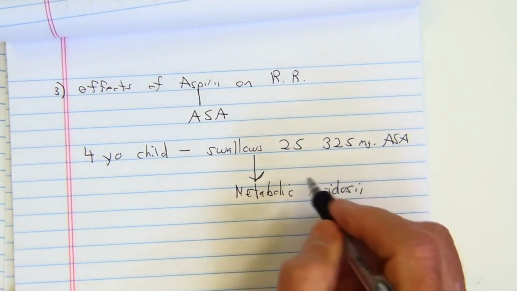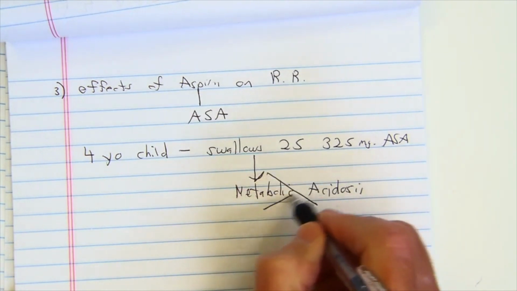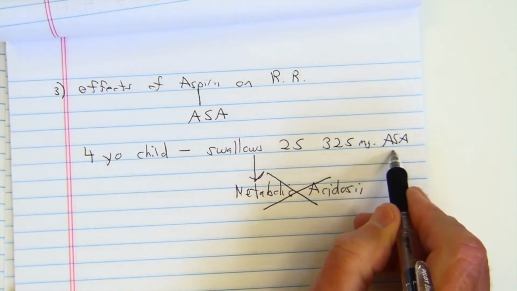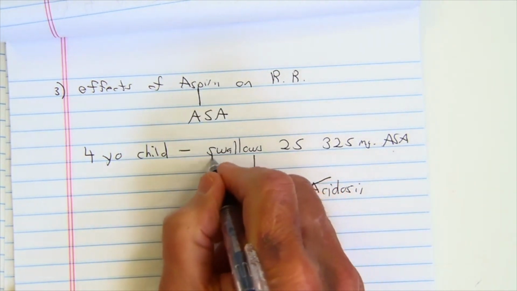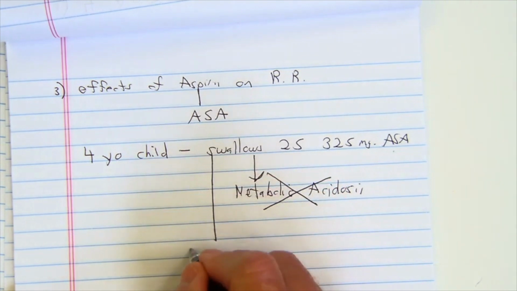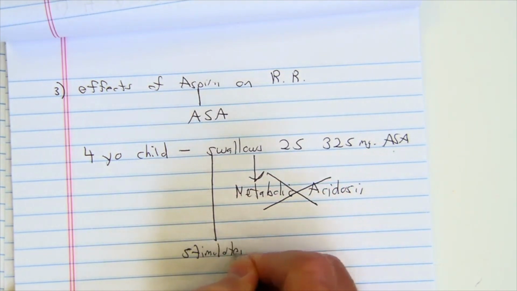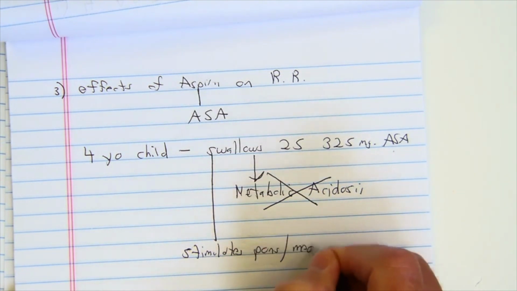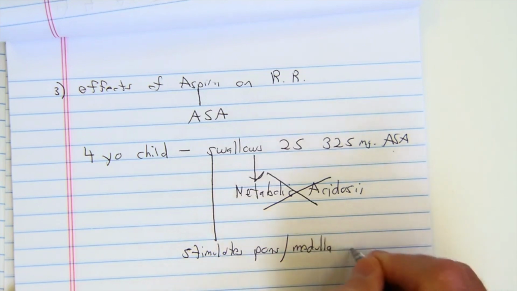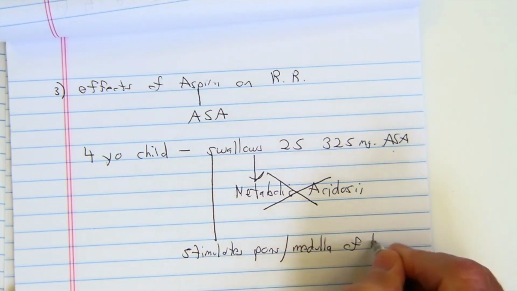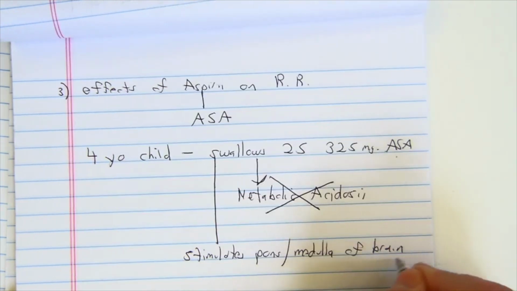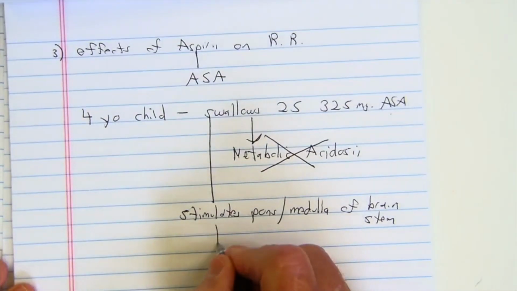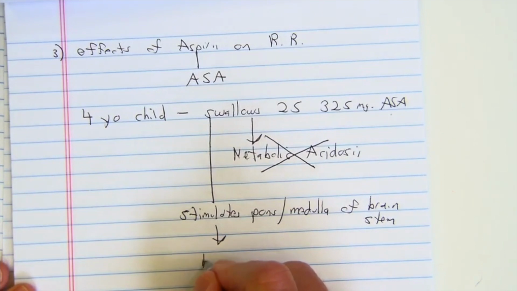The first thing that happens when we swallow acetylsalicylic acid is it's going to cause stimulation. So it stimulates the pons and the medulla of the brain stem, and it's going to lead to hyperventilation.